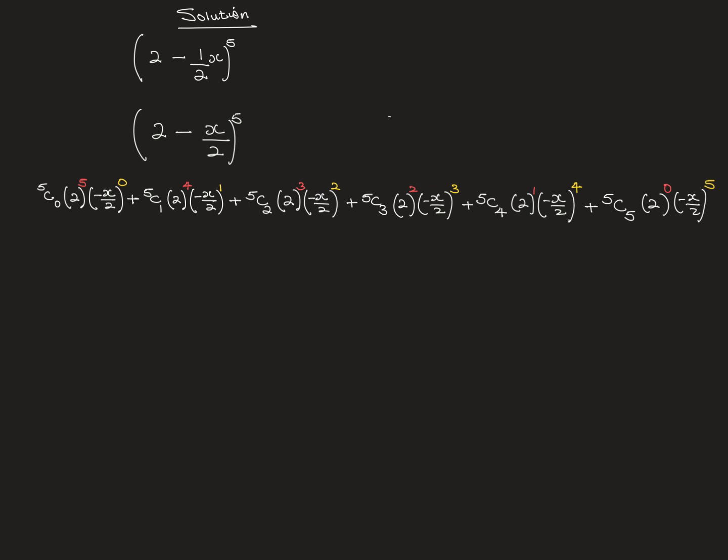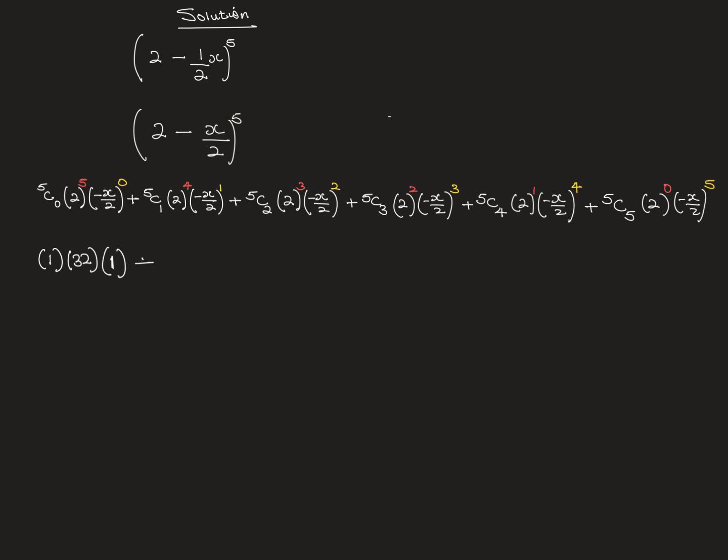So what we're going to do from now is we will take our calculator and solve for 5 combination 0. 5 combination 0 is 1. Then 2 to the power 5 is 32. Then minus x over 2 to the power 0 is 1 because anything to the power 0 is 1.